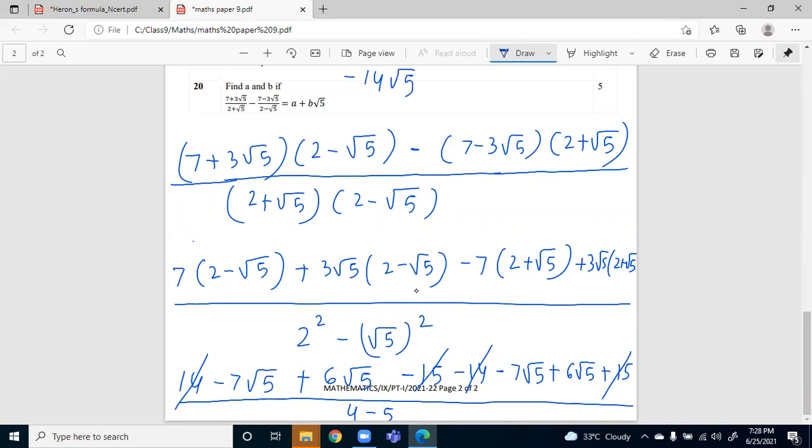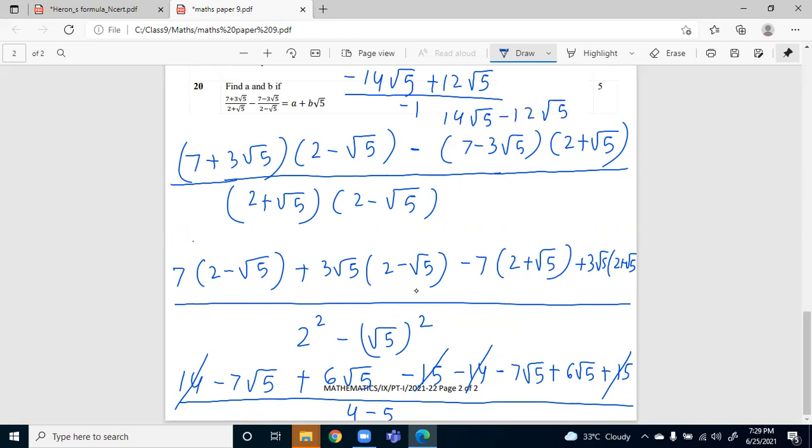And plus 6 root 5 plus 6 root 5 makes plus 12 root 5. In the denominator, 4 minus 5 is minus 1. So if I change the sign, it will be 14 root 5 minus 12 root 5.